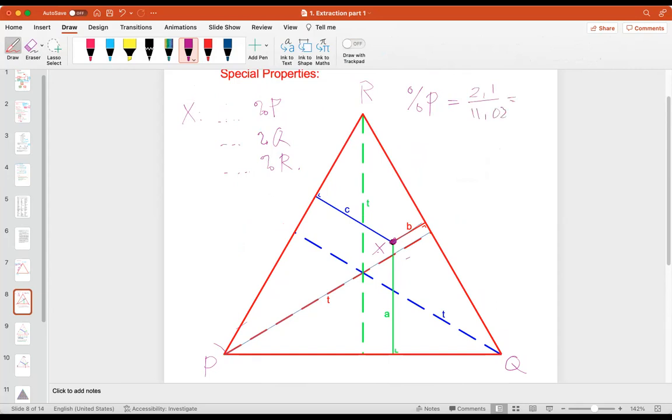Maybe you want to help me check with the calculator. So it is 2.1 divided by 11.02, which gives 0.19.